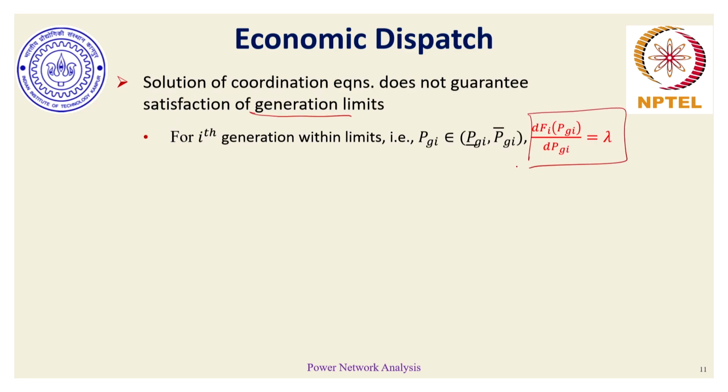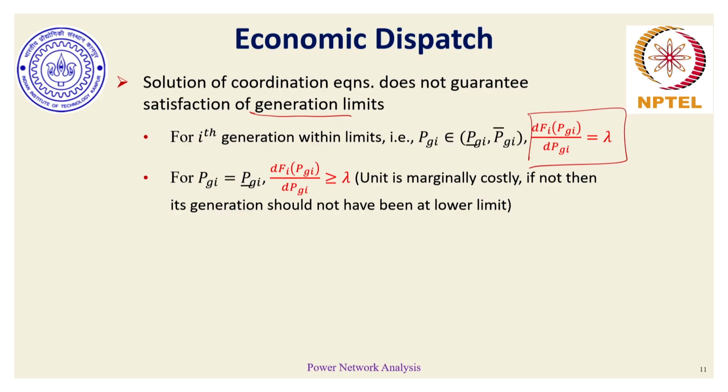But suppose there is a generator whose generation happens to be violating the lower limit, whereas actual generators should not violate their limits. So suppose a generator's generation is lesser than the corresponding lower limit. What should be the case? Why is this generator generating power less than its minimum limit?